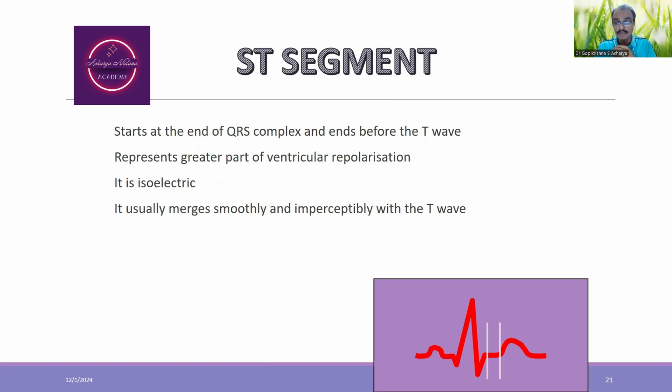Whereas the ST segment is the line present from the end of the S wave till the beginning of the T wave. It represents the greater part of ventricular repolarization. It usually merges smoothly and imperceptibly with the T wave.